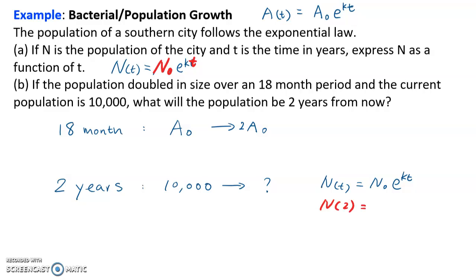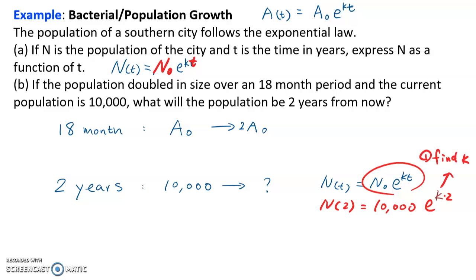We need to know everything on the right side of the formula. We do know N naught, which is 10,000. e is just a constant like pi, and unfortunately we don't know k, but we do know t. t is 2 years. So somehow we have to find this k first.